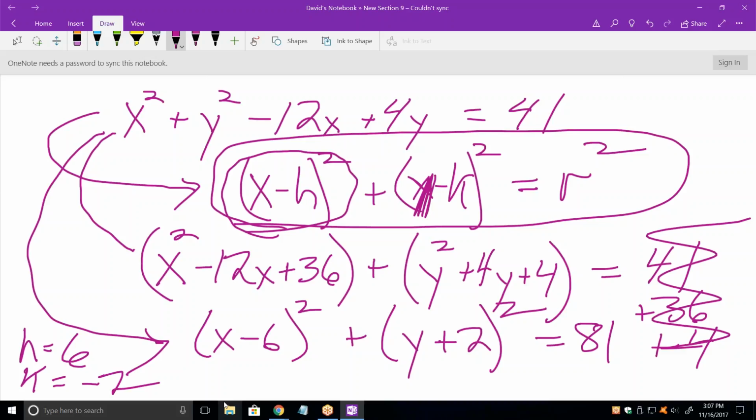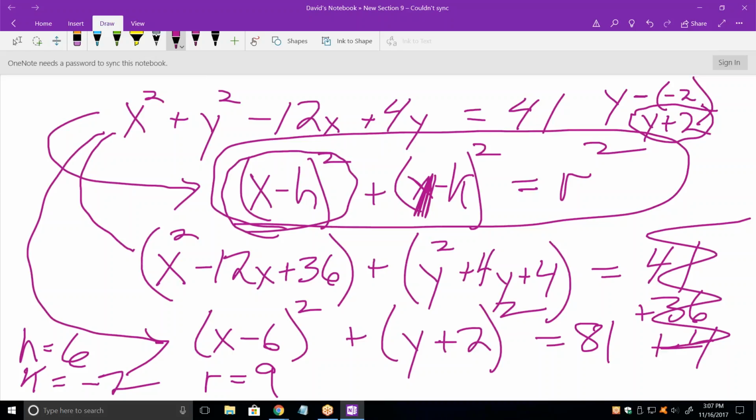You see why? If I'm taking y minus a negative 2, it ends up looking like y plus 2. So when you see a y plus 2, you know that k is negative 2. And then what is r? 9. Yes. And there's your answer.